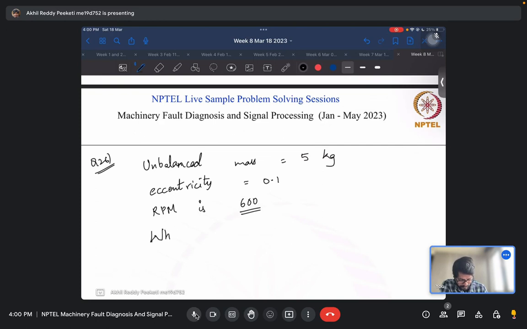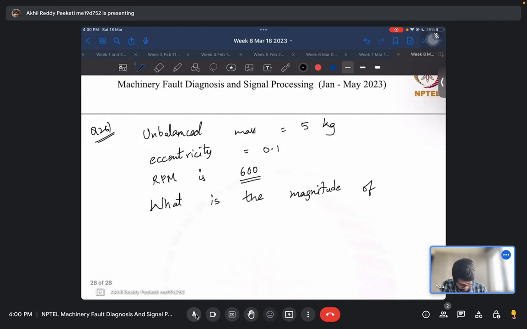So what is the magnitude of the unbalanced force?